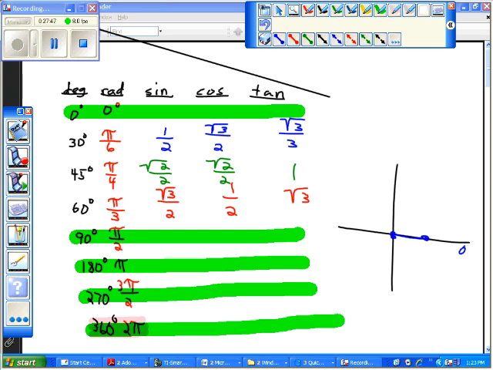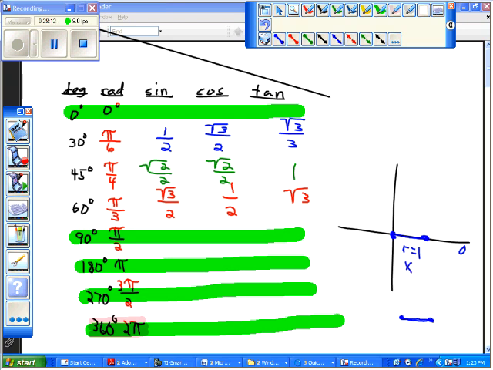Zero. Now, if I'm talking about 0 degrees, you understand what I've got is that little blue thing. That's your initial side. If we're at 0, where's your terminal side? Same as the initial side. There's 0 degrees. What is R? What's the radius length? 1.